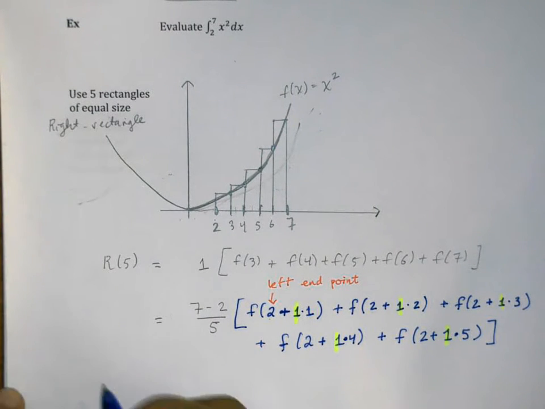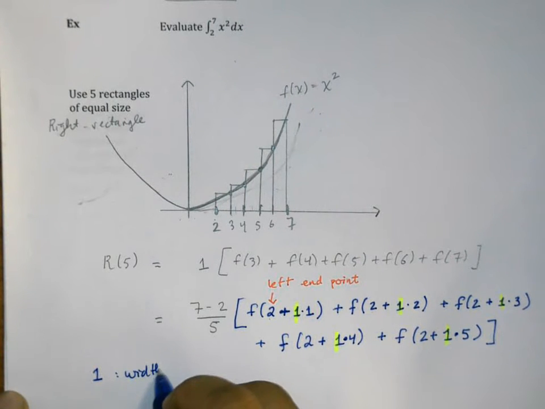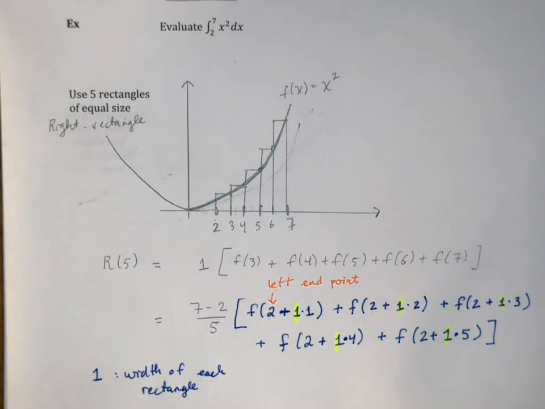So 1 in this case is the width of each rectangle. Let me do some color coding here. And then finally, the parts that are left, 1, 2, 3, 4, 5, those values are our iterators.